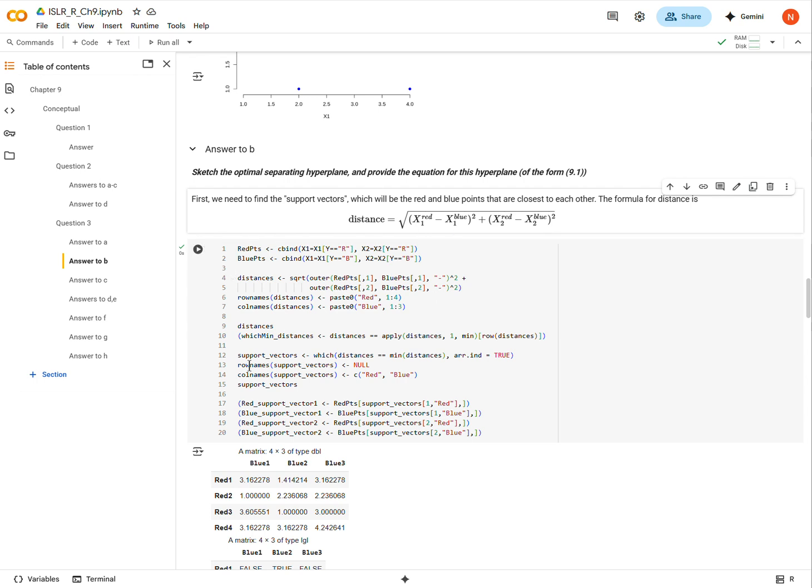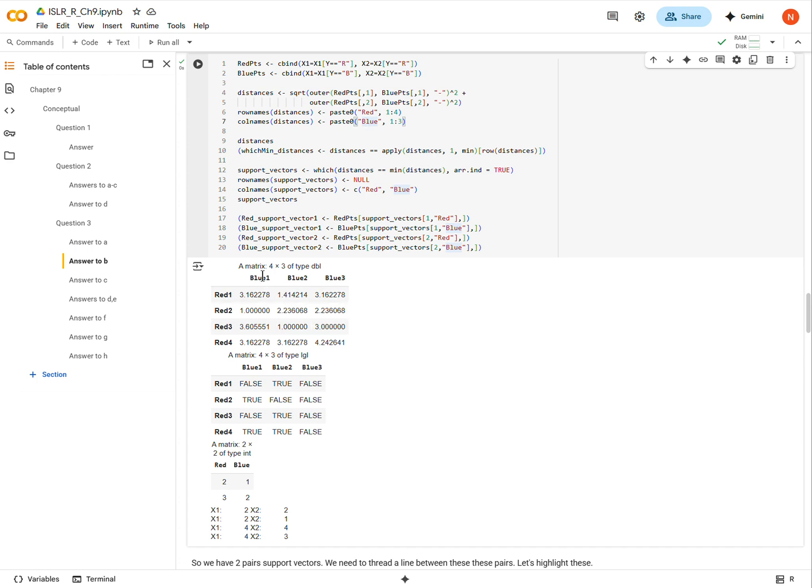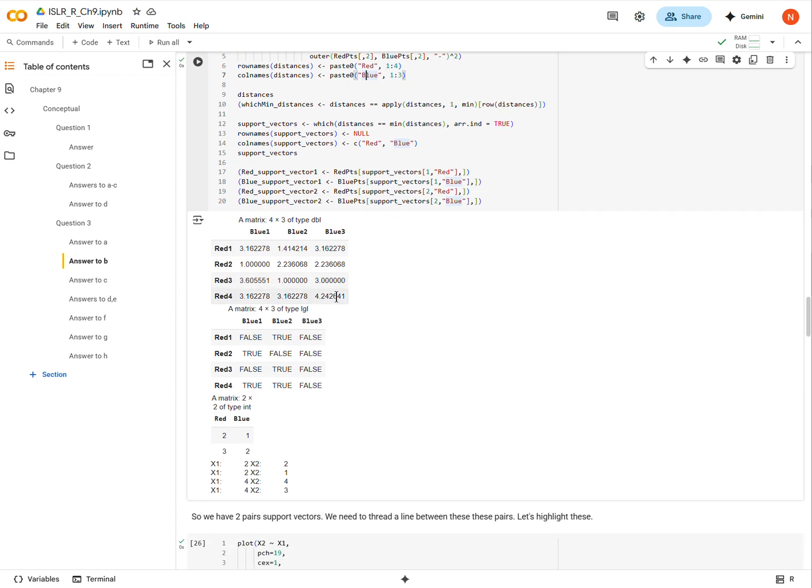What this code does is implement that over all of our data points. Here we get a matrix of all of the distances between all of the red and all of the blue points. Then this second one says which of these is equal to the minimum distance.